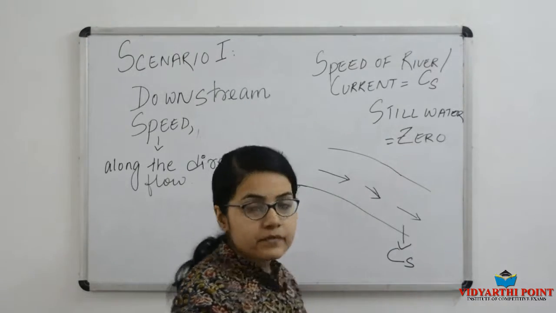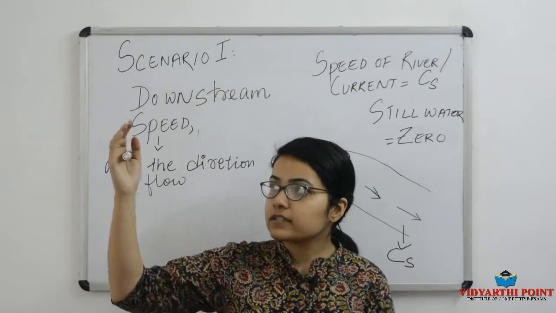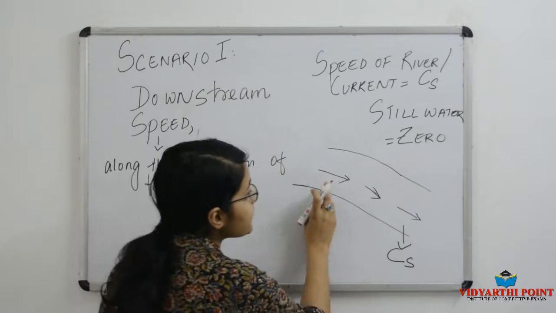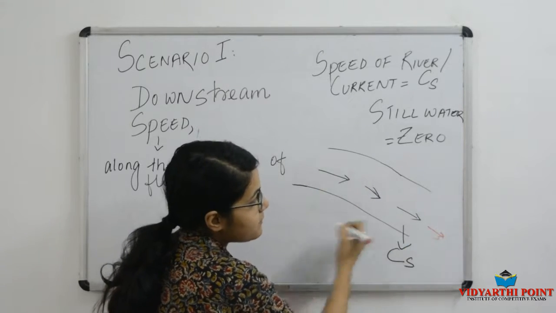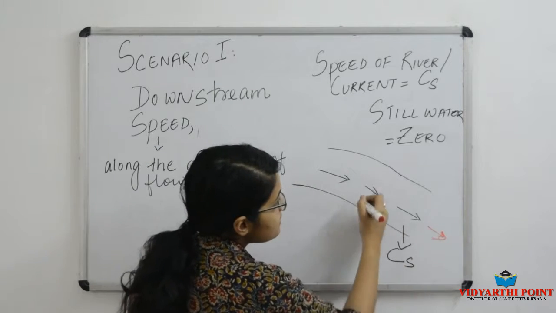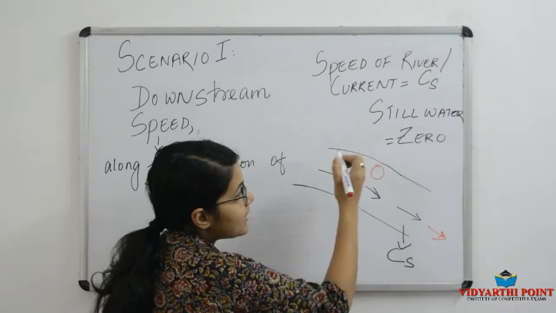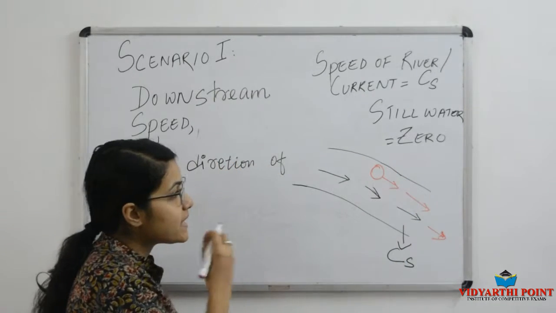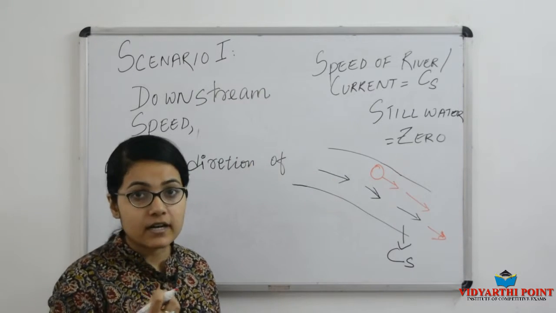That is, if the river is flowing in this direction, the boat will also flow in this direction. Let me show you here. The direction of the flowing river is this. Now consider a boat flowing downstream, that is this boat is also flowing in the direction of the river.